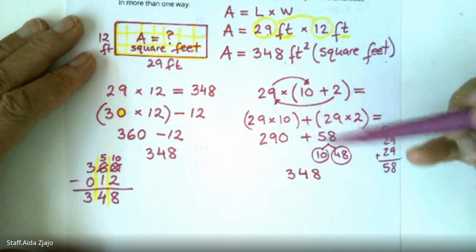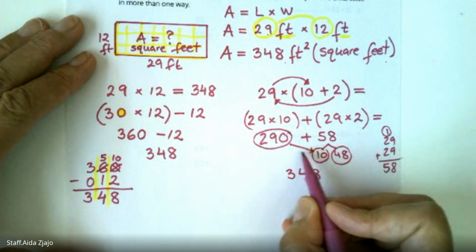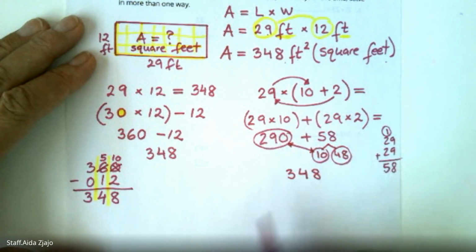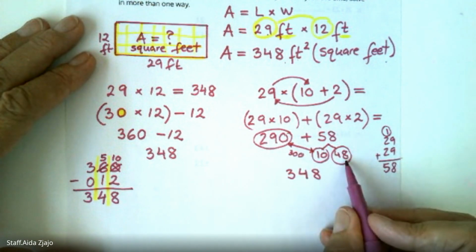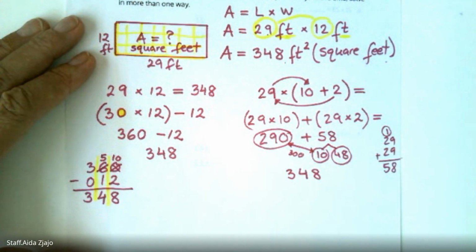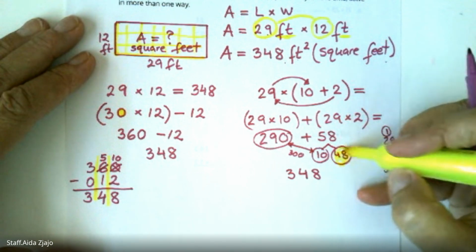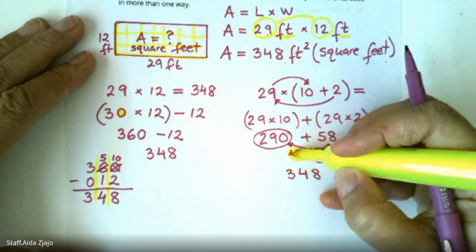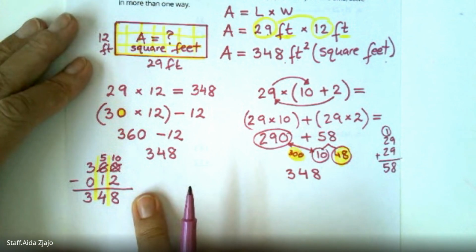So then, do you see this? 290 and the 10 together will make 300. And then you need to add 48, which means 348. So that's what the final answer would be, and it's exactly the same as the one with the compensation strategy, so our answer is correct.